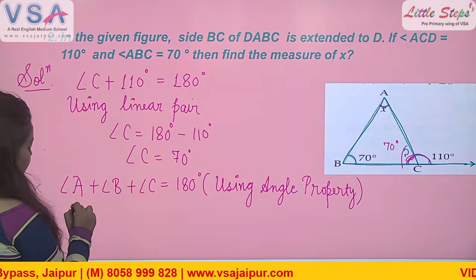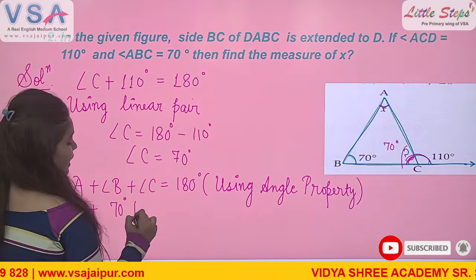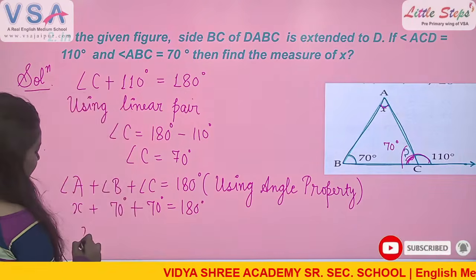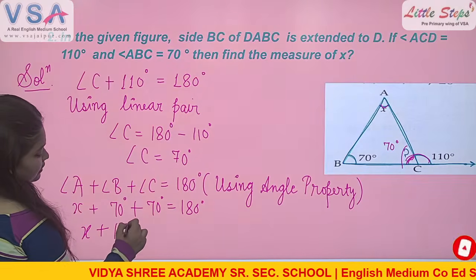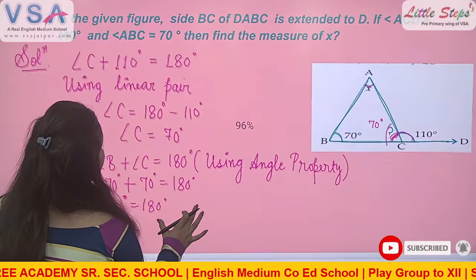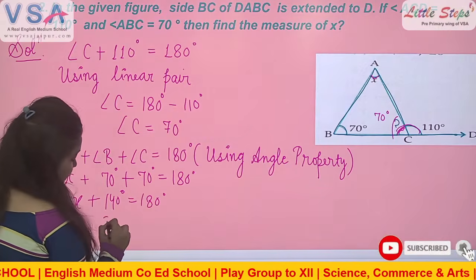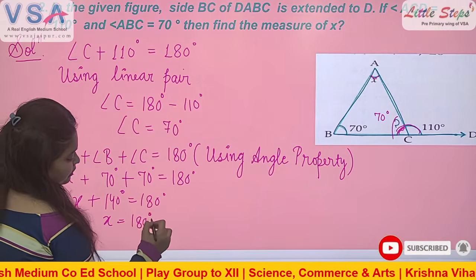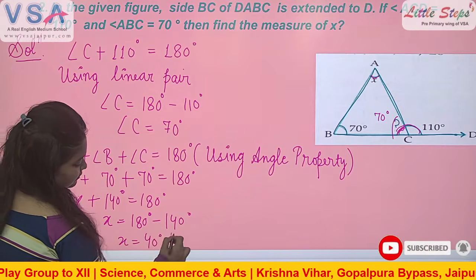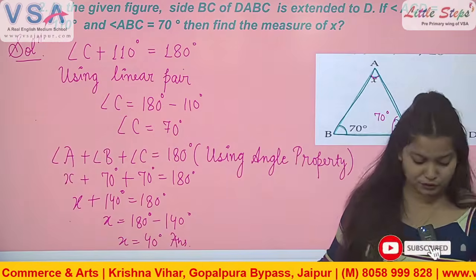Angle A is x, which we have to find, angle B is 70 degrees, and angle C is 70 degrees again, equals 180 degrees. Adding 70 and 70 we get 140 degrees. So x equals 180 degrees minus 140, so the answer is x equals 40 degrees. Clear? This question belongs to your chapter number 9, classification of triangles or lines and angles.